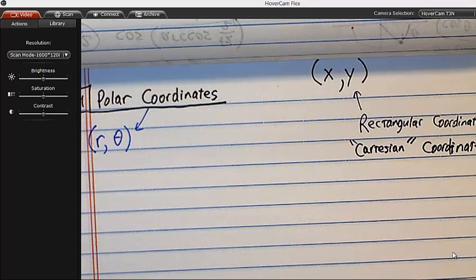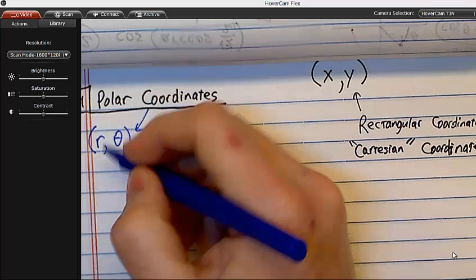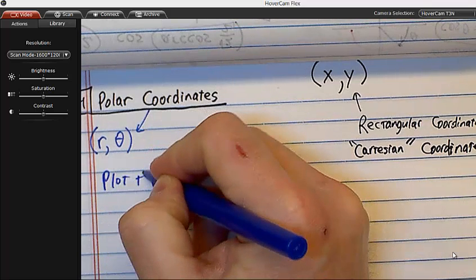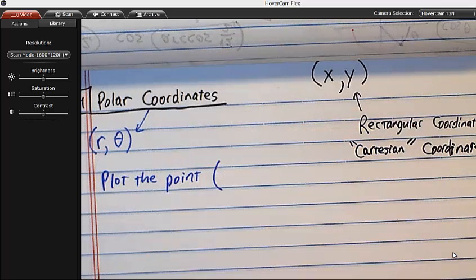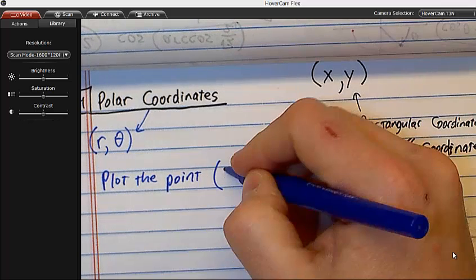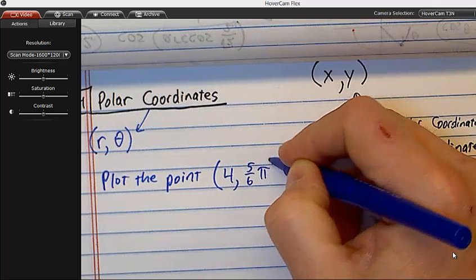Okay? So I think as my first example for you, we're going to do the following. Let's plot the point 4, 5/6 pi.